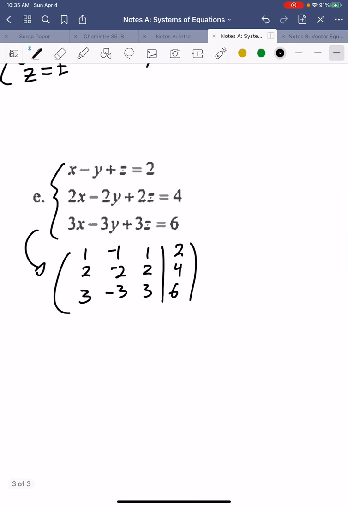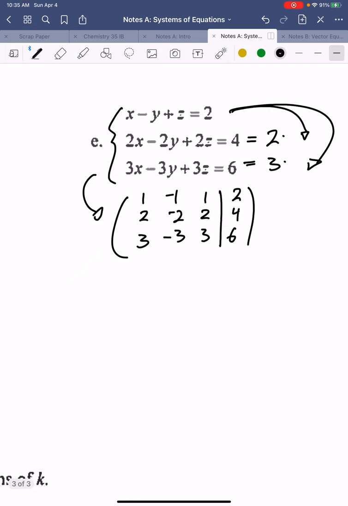Well, they're all the same. This equals 2 times this, and this equals 3 times this. So if all the equations are multiples of each other, then that means there will be infinitely many solutions.